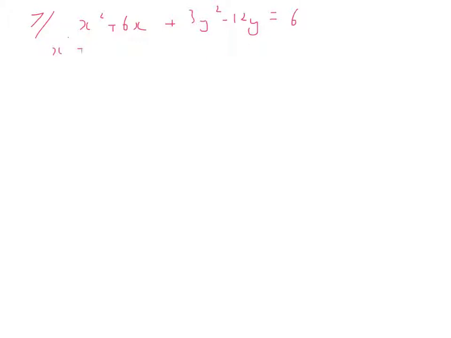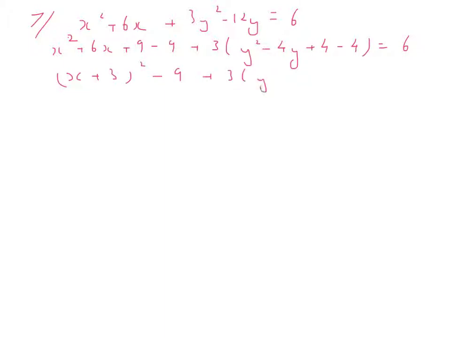You're going to have x squared plus 6x plus 9 minus 9 plus 3 bracket y squared minus 4y. Pulled the 3 out. Now half 4 is 2, so we're going to get plus 4 minus 4 equals 6. That means we've got x plus 3 squared minus 9. Then we've got 3 times y minus 2 all squared.